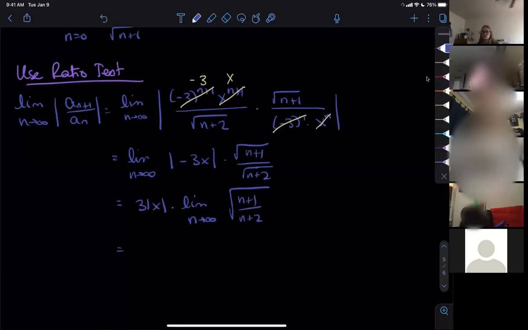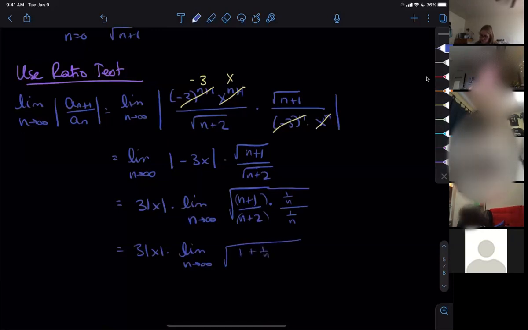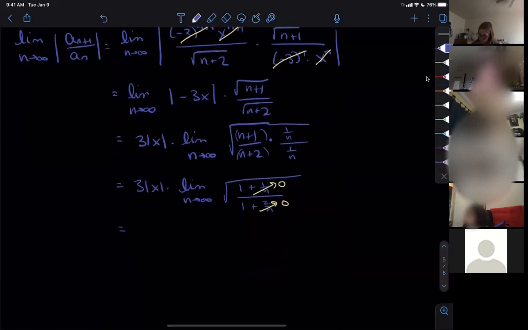Yeah, that's right. And I'm just going to do that inside the square root sign, but that's exactly what we do. So I'm going to multiply this by 1 over n and this by 1 over n. Okay, so when I distribute, I'm going to get 1 plus 1 over n over 1 plus 2 over n. So in the limit, I have 3 absolute value of x times, that limit is 1.